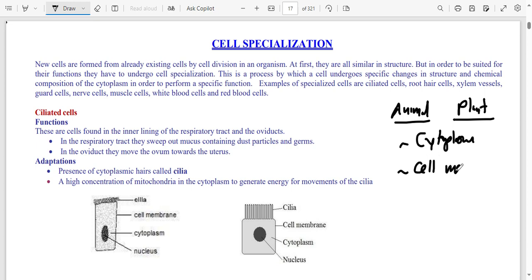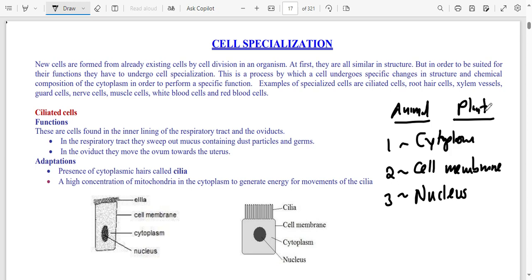Actually, not a cell wall, but a cell membrane. And then, yes, they have got a nucleus. So these three things are the common things.